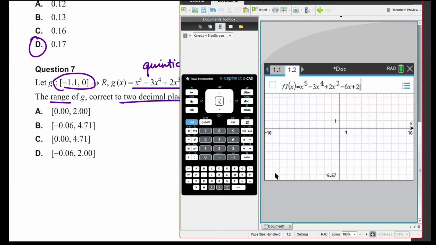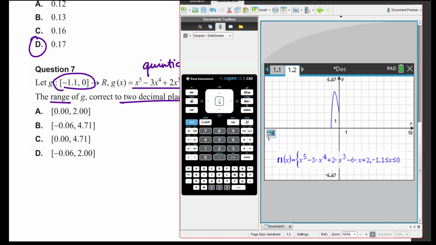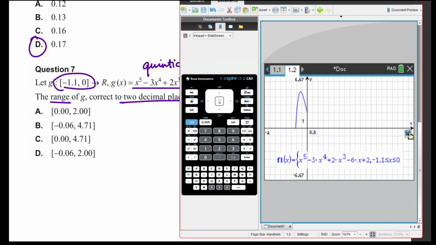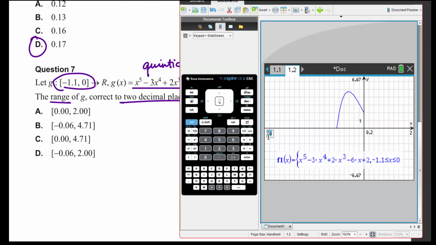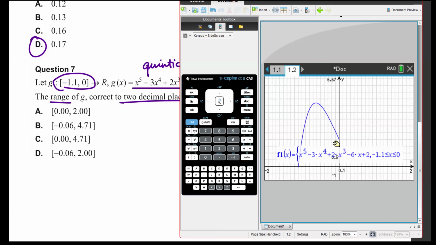Notice I'll put the domain restriction, minus 1.1 less than or equal to x less than or equal to 0, enter. And I probably can stretch this graph a little bit, say go from minus 4 to, or maybe I can just go for minus 2 here. And looks like a 0 here, but I need to double check. Maybe I can use a minus 1 here.